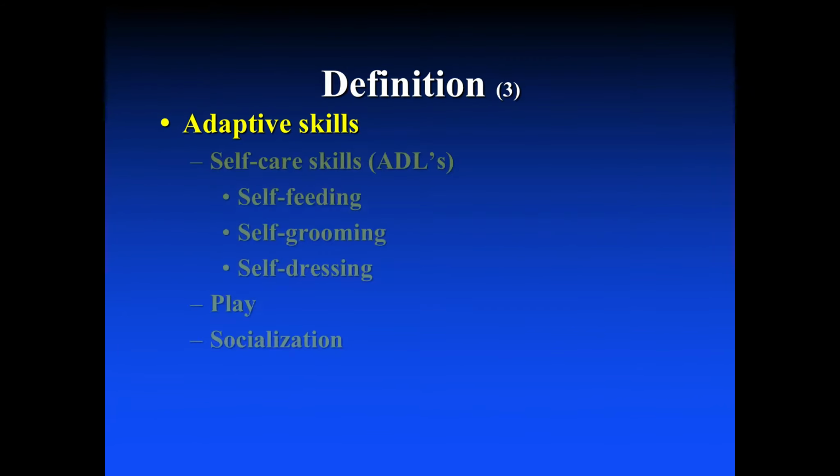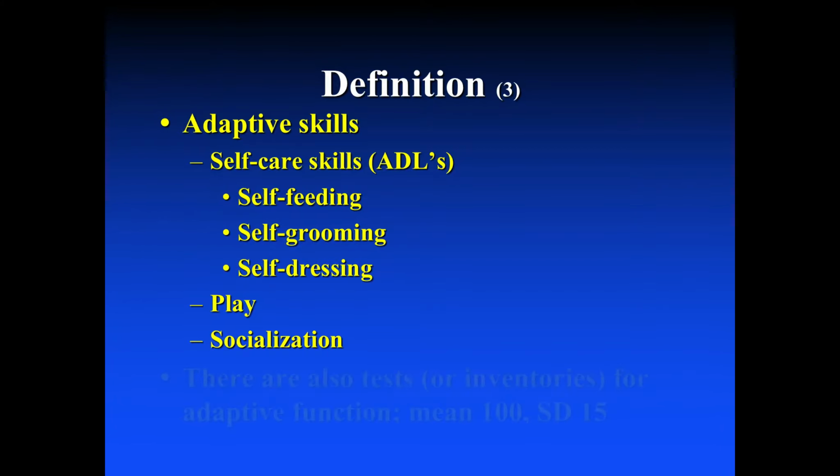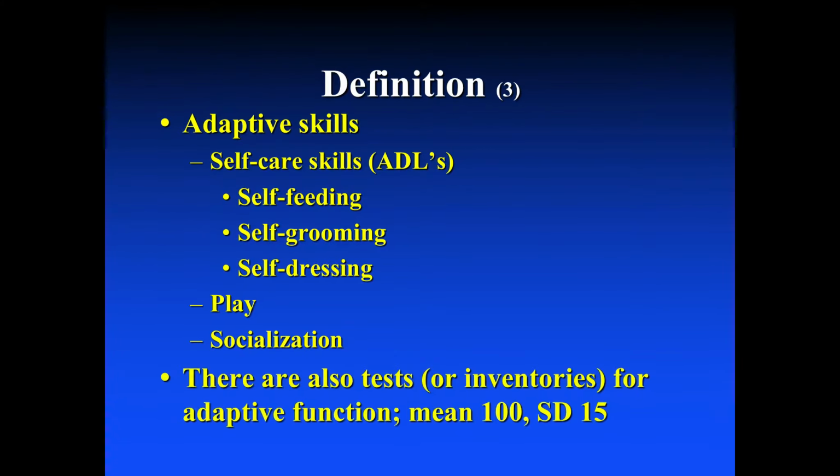Adaptive skills include things we talked about last time: activities of daily living skills, such as self-feeding, self-grooming, self-dressing, play skills that we talked about last time, and socialization skills. And there are also tests or inventories that assess a child's adaptive functioning, and these are also by and large set with a mean score of 100 and a standard deviation of 15 points.